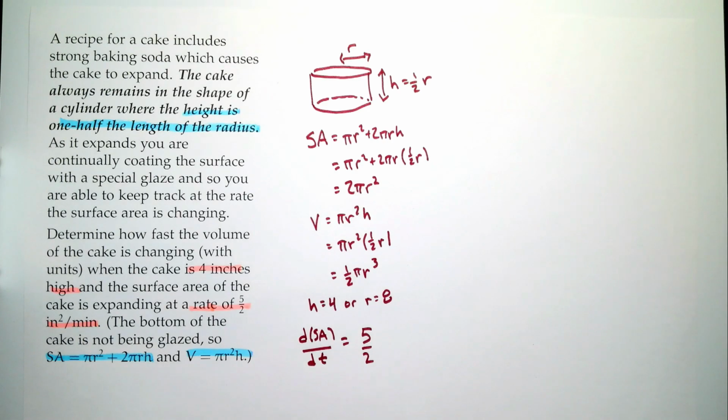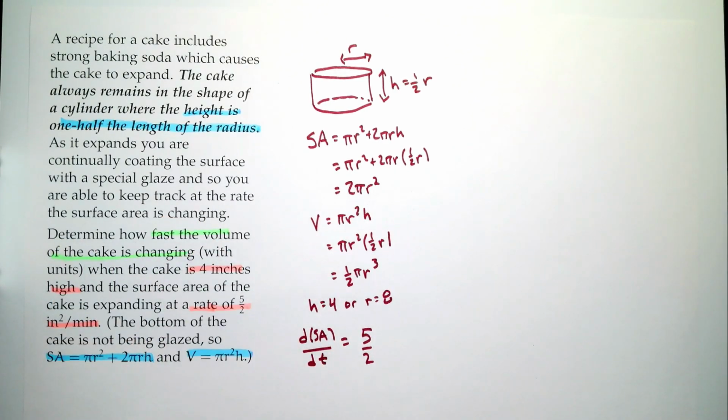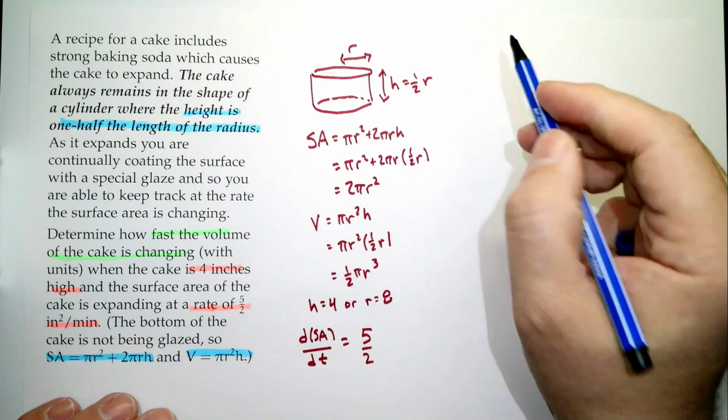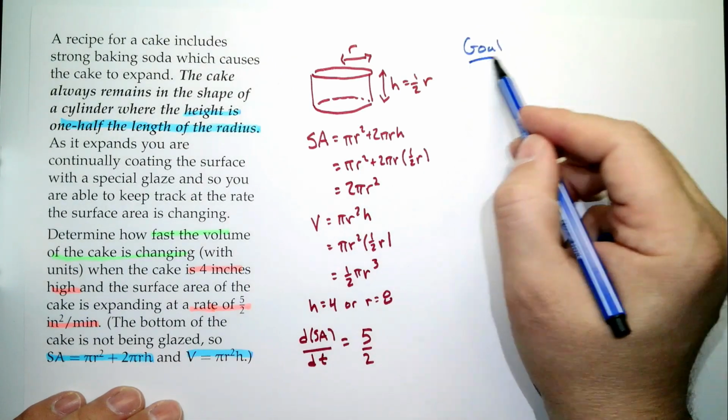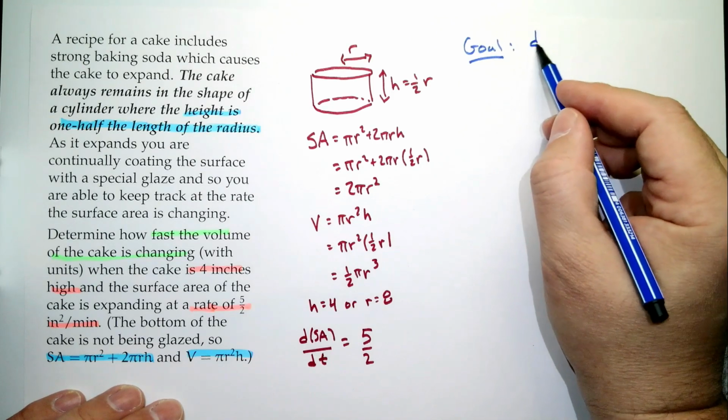So we're getting to our comfort zone. All right, so that's the problem, the pieces, but now let's say, what's our goal? Well, it says, how fast is the volume of the cake changing? So our goal is to find what? What are we after? Yeah, dV/dt.